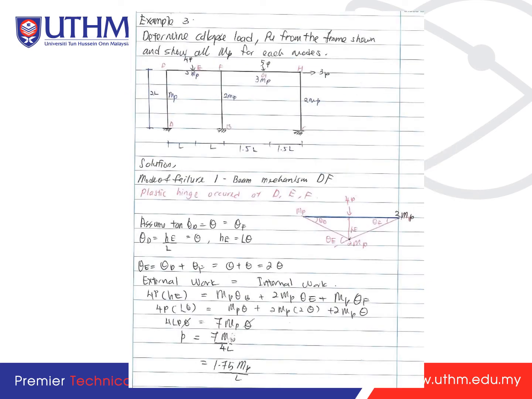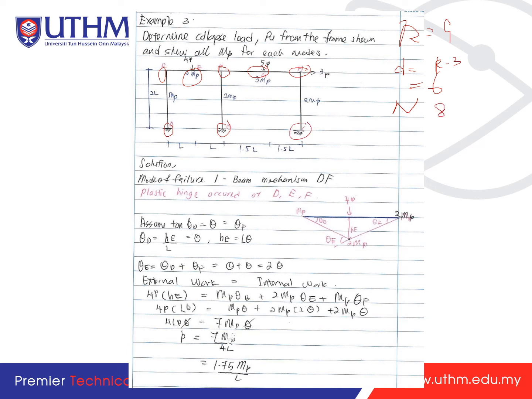So you can see that here, how many reactions do we have? Okay, so reactions here we have is 9 because it has 3 fixed supports. And the number of redundants we have is D is equal to R minus 3, so it's equal to 6. Okay, and then how many positions of hinge do we have here? Okay, so N is equal to, you have 1, 2, 3, 4, 5, 6, 7, and 8.